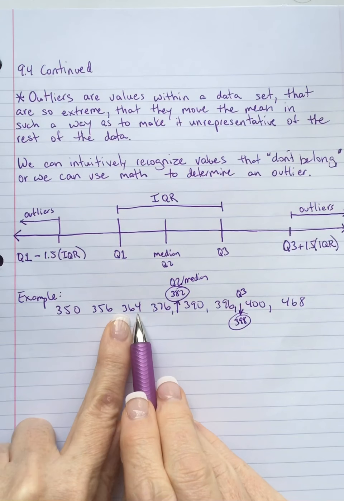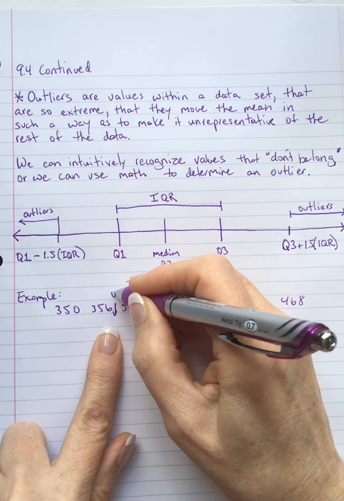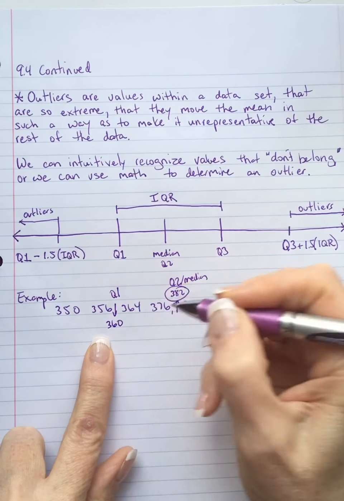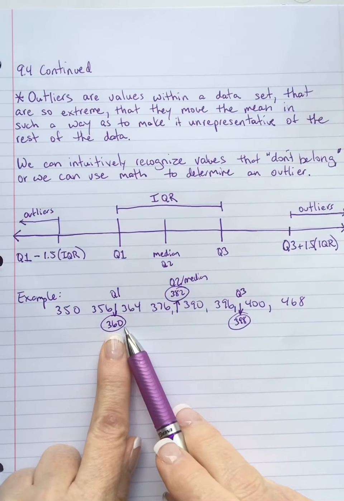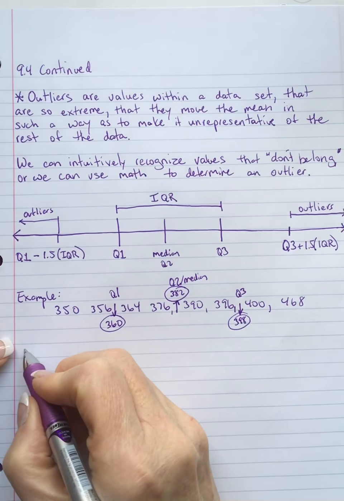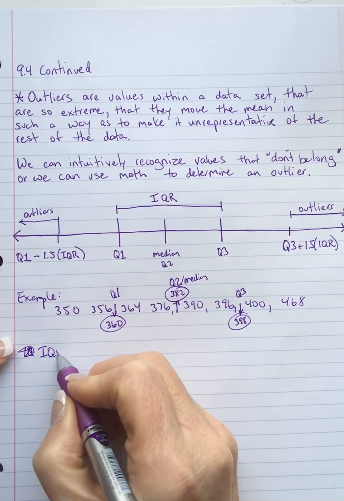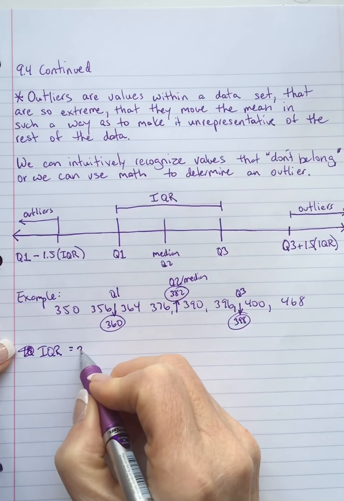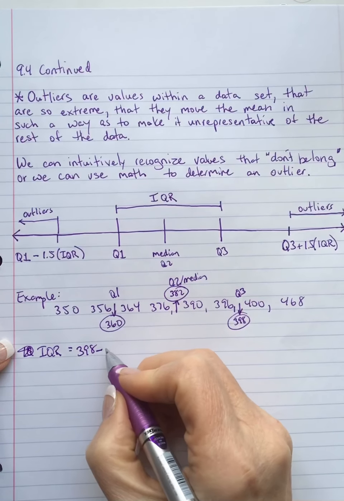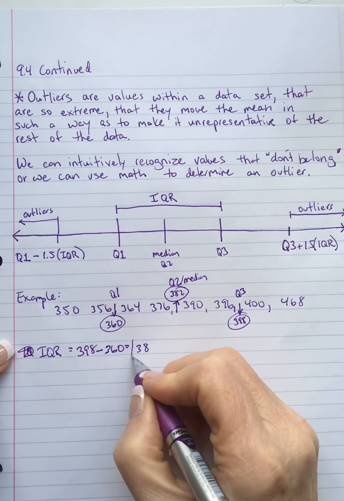Now in the middle of the lower half, we have quartile 1, and that number is going to be 360. So quartile 1 is 360, quartile 3 is 398. So our IQR equals 398, or Q3, minus Q1, which is 360, or 38. That's our IQR for this data.